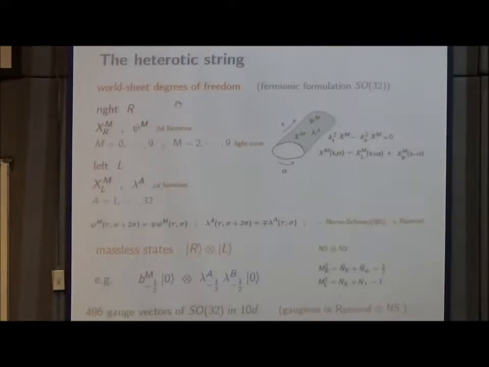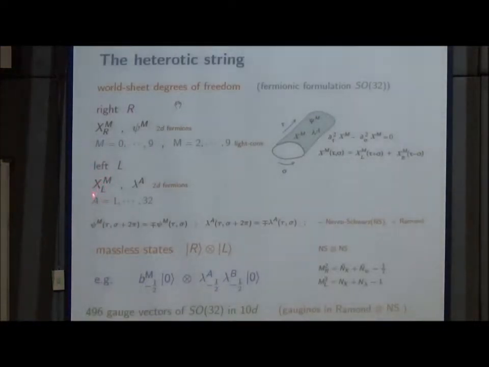Now, in the left sector, you are going to do something else. You keep the left coordinates, and they pair with these to give you some geometric interpretation. But then there are some other degrees of freedom.